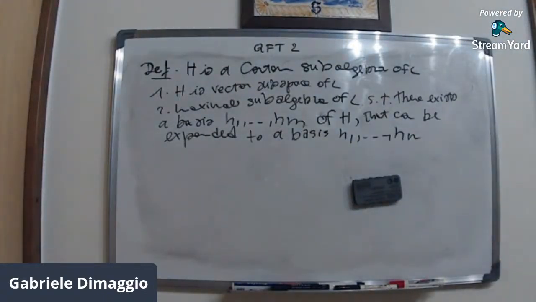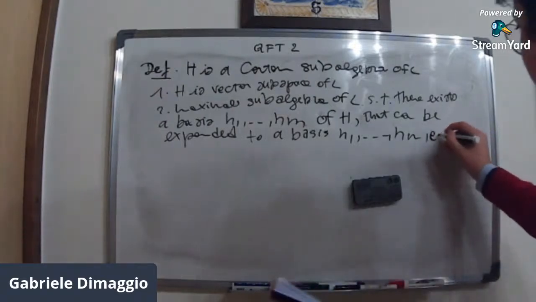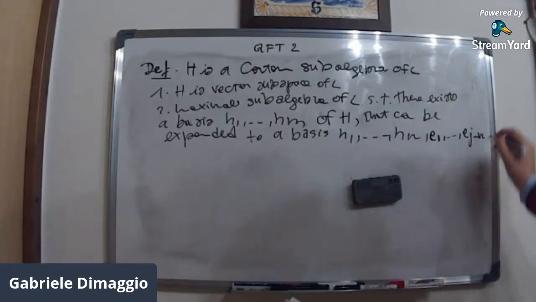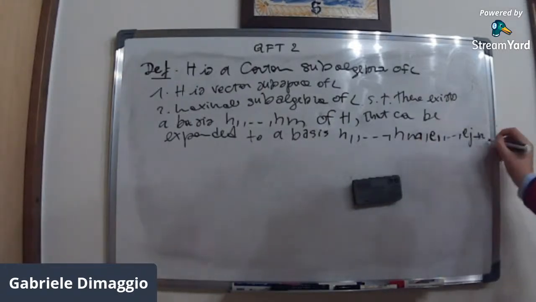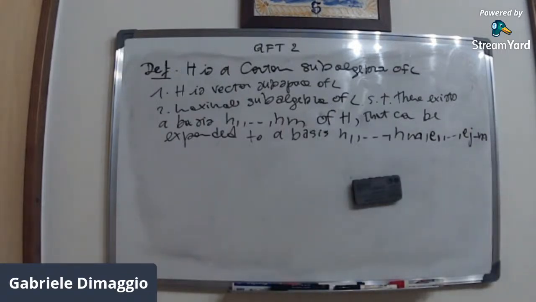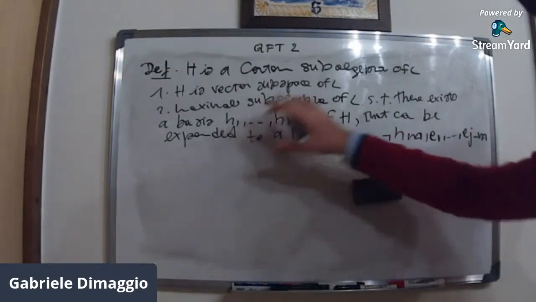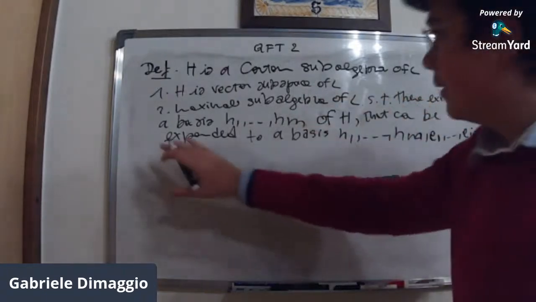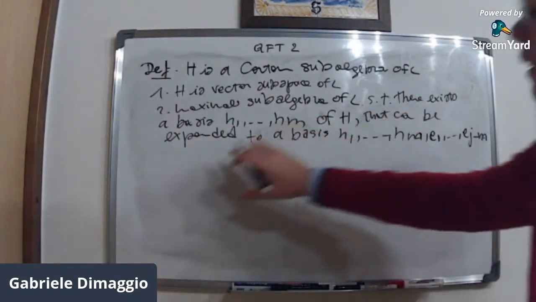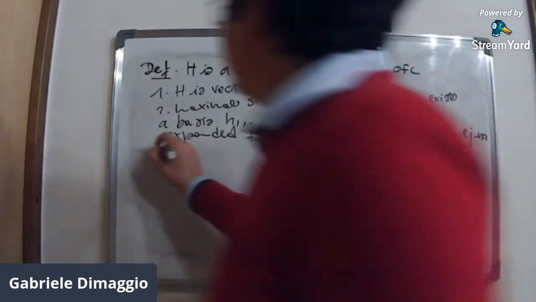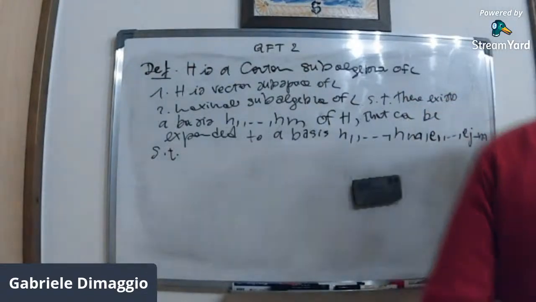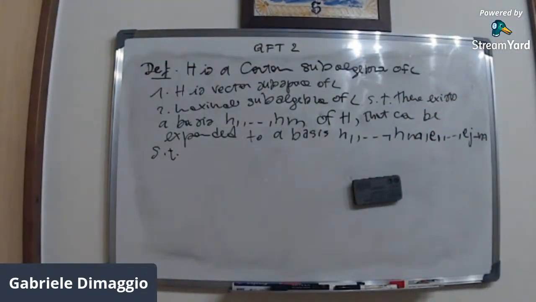And now I have E1 and Ej minus m. Perfect. And now, repeat, it's the maximal subalgebra of L such that there exists a basis of this kind of H that can be expanded to a basis of this kind, such that, what's the property of this basis?